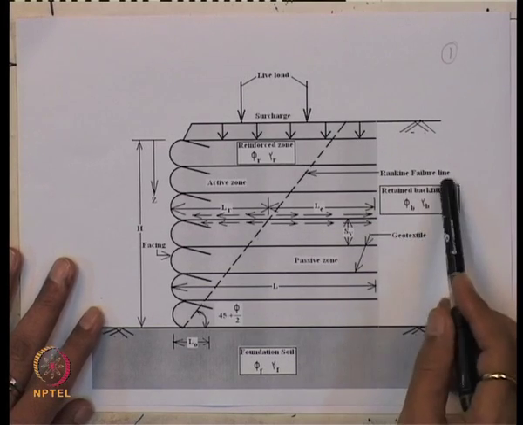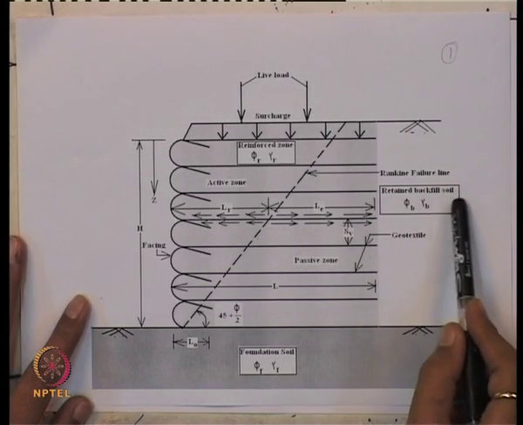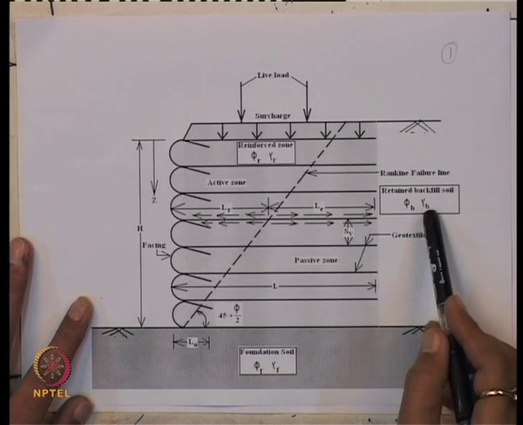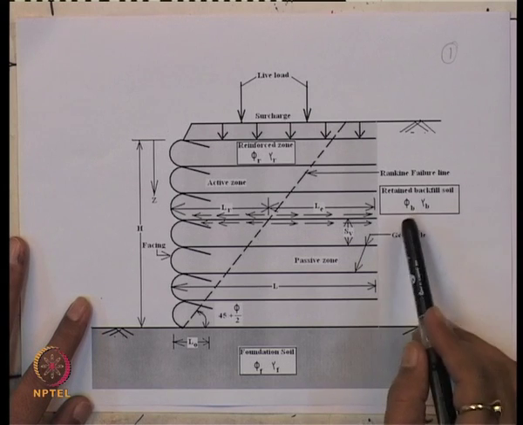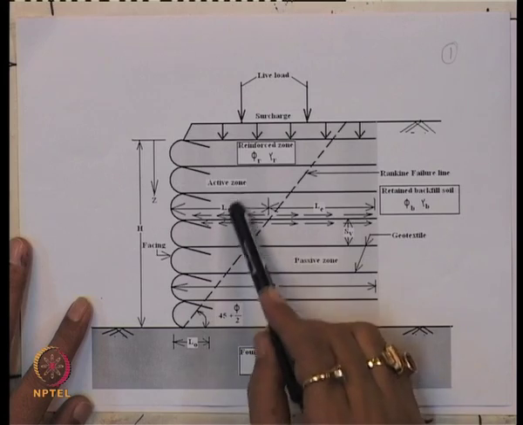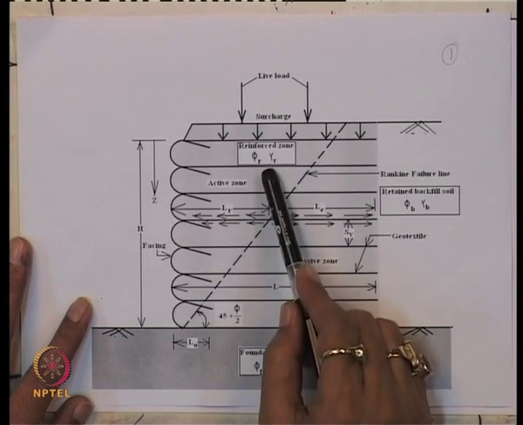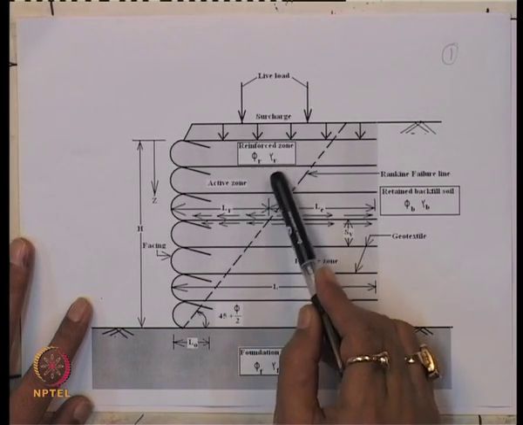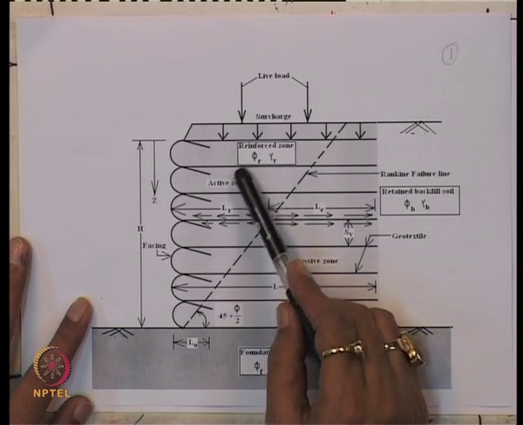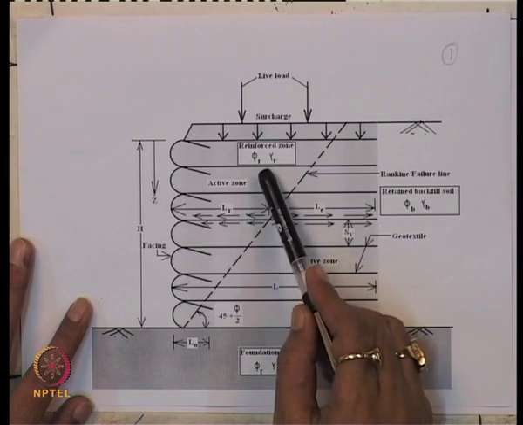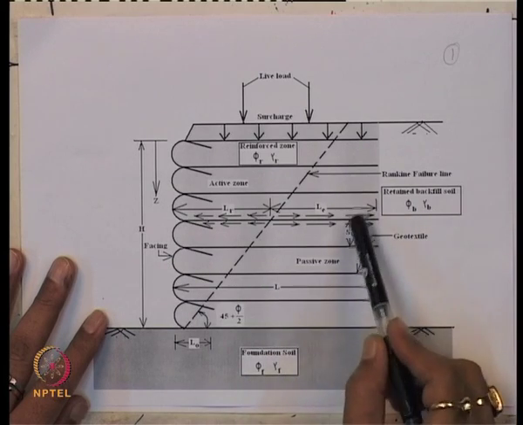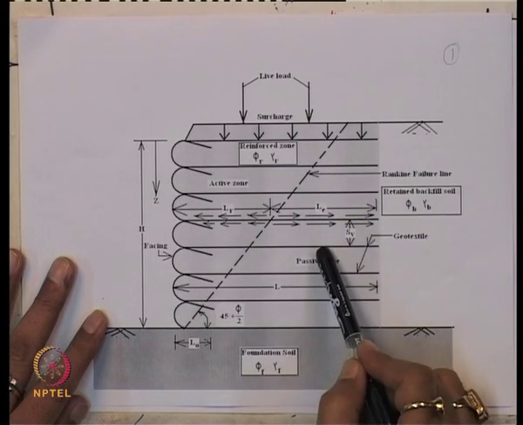And it also has a retained backfill soil, whose unit weight is expressed as γb and angle of internal friction of the backfill soil φb. And also here is the reinforced zone, where unit weight of the reinforced soil is γr and angle of friction of the reinforced soil is φr. So this is the active zone and this is the passive zone.